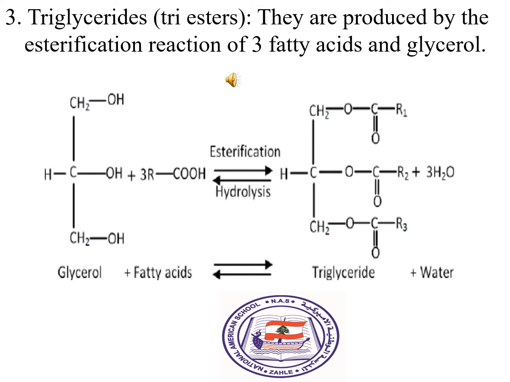So 3 H atoms from the glycerol and 3 OH from the fatty acids form 3 molecules of water. And we have the triglyceride as seen in the diagram in front of you. Now, the reverse of that is the hydrolysis. So when you have a triglyceride plus 3 molecules of water, they produce the 3 fatty acids and glycerol.